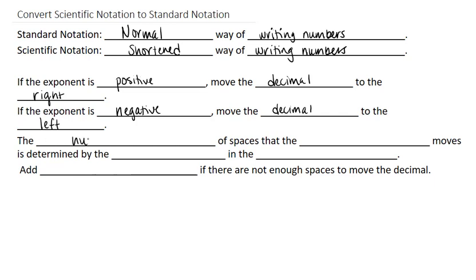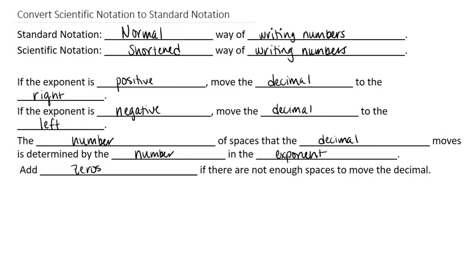And the number of spaces that the decimal moves is determined by the number in the exponent. And we may have to add zeros if there are not enough spaces to move the decimal.